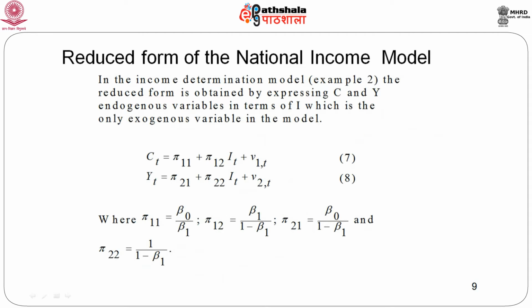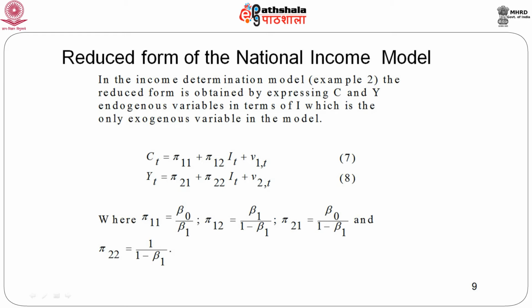That is, such inconsistency is not only due to small sample bias. Now, you have seen that in the structural equation you cannot find the OLS estimate of the structural parameters. This is because there exists a problem of simultaneity between the error term and the explanatory variable of the model.